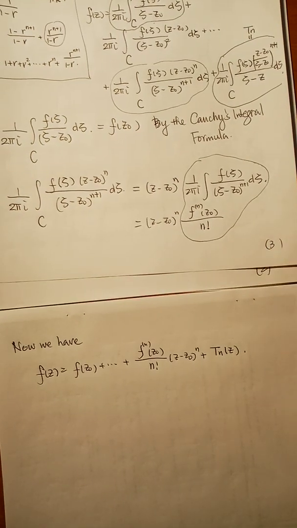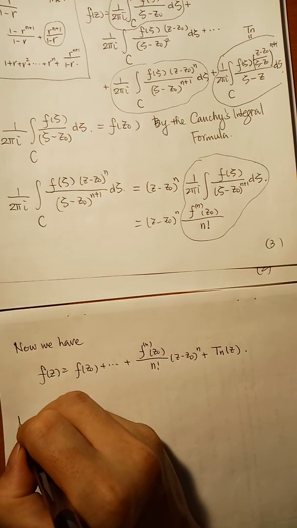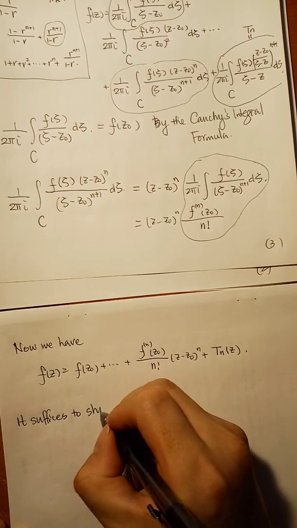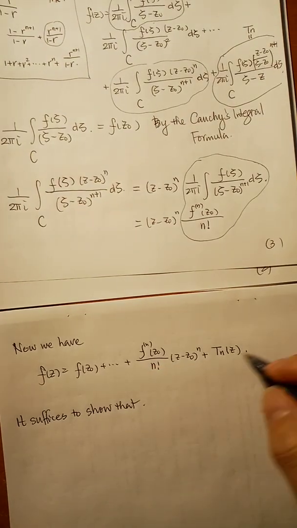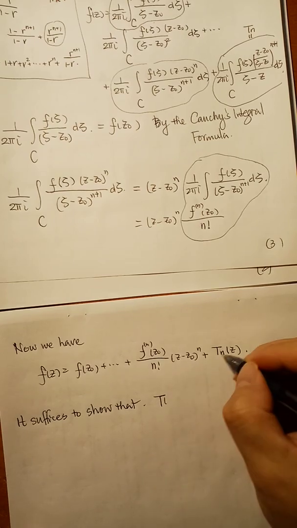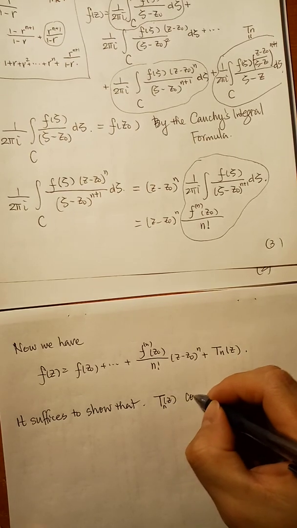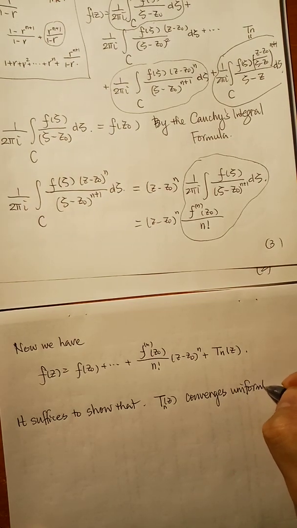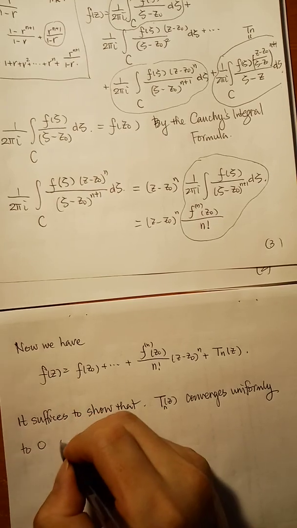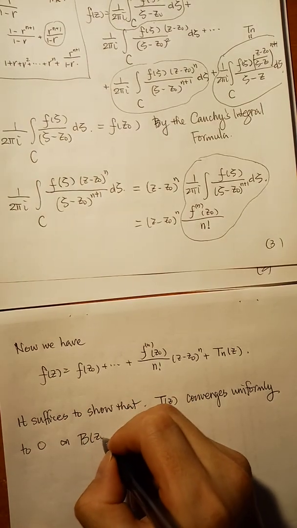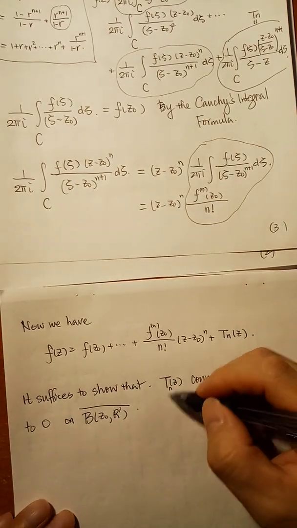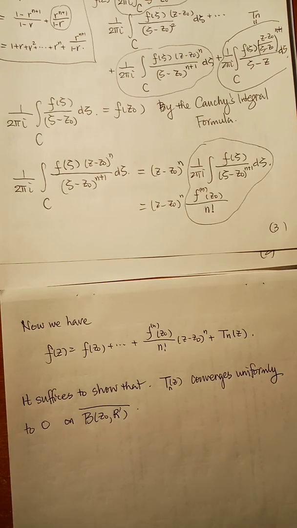In order to show the uniform convergence, it suffices to show that T_n(z) converges uniformly to 0 on this closed disk. If we can show that this tail converges to 0 uniformly, then we prove that the Taylor series converges uniformly to f(z).